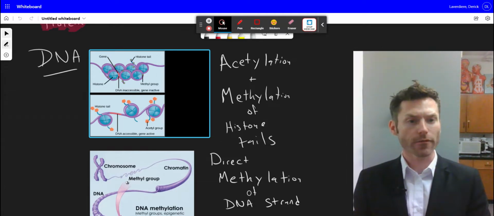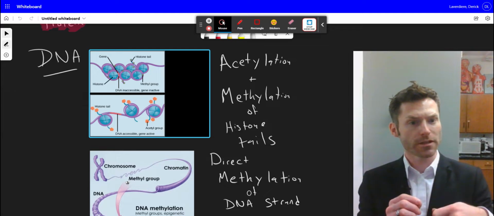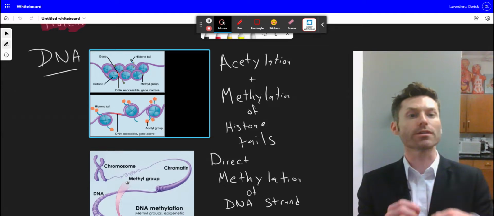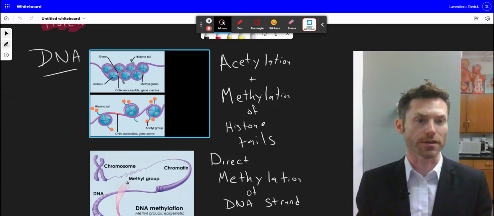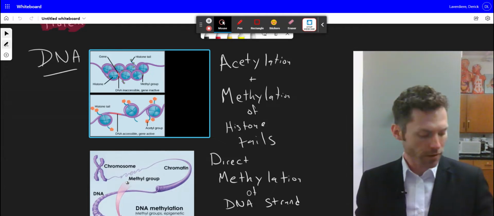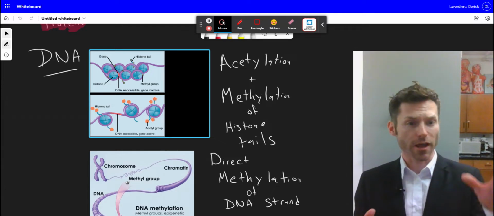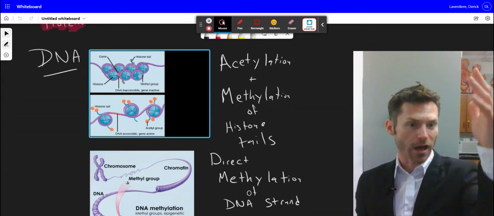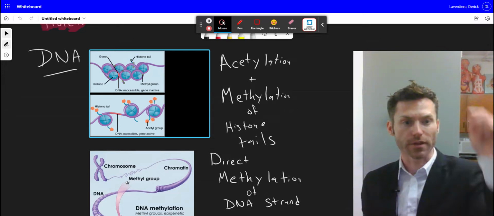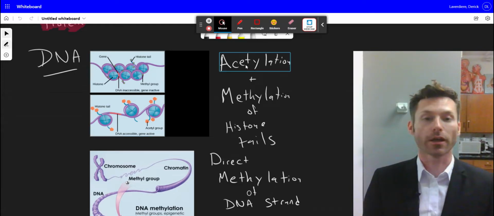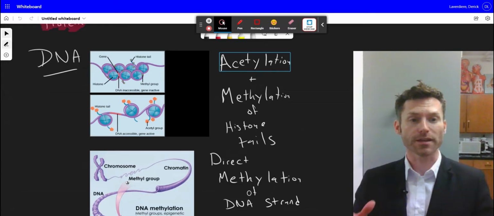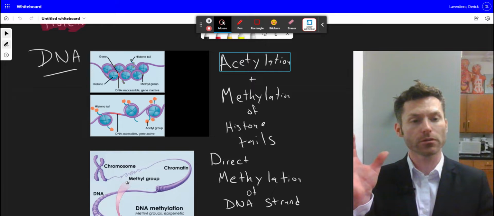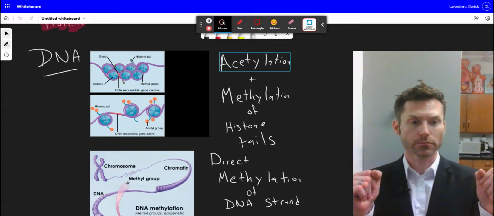Now we have a way to tighten the DNA, and we have a way to loosen the DNA around this histone. The histones themselves have little structures that we call tails because they look like tails sticking off of the histone. Onto those tails, we can place either an acetyl molecule or a methyl molecule.